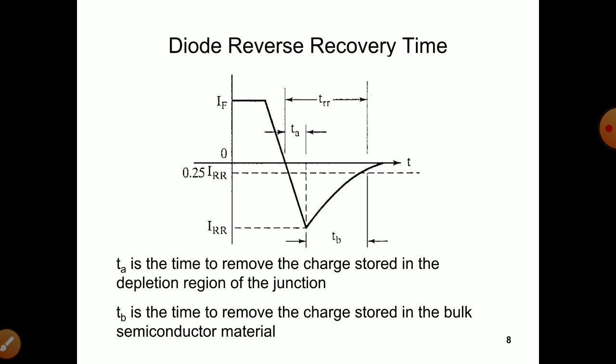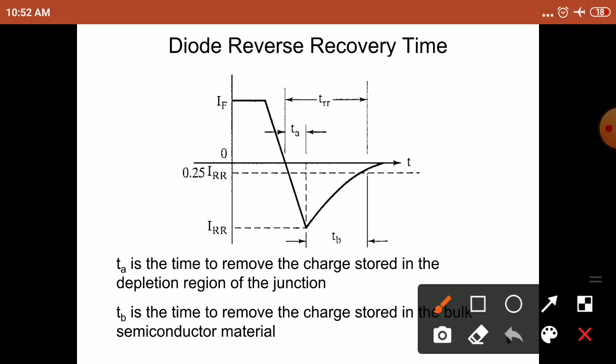Here, Ta is the time to remove the charge stored in the depletion region of the junction. In the depletion region there are some charges stored, and the time required to remove those charges is called Ta.